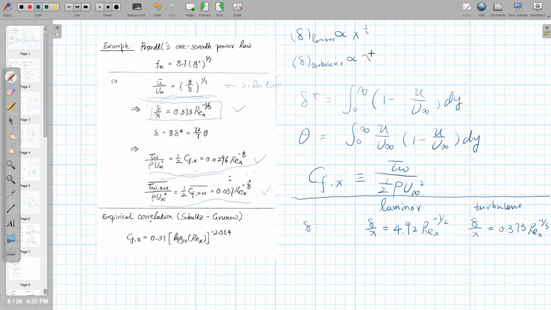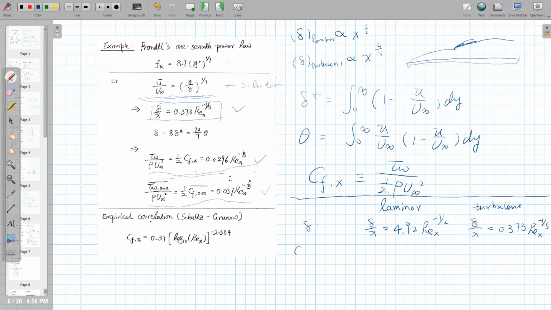You basically get x to the power of 4 over 5. So that's why, when you draw this boundary layer thickness on this flat plate, we see the laminar, and then we draw turbulent. The turbulent one has another slope, increasing as the transition point goes up, right? Because for the turbulent flow, this boundary layer thickness is proportional to x to the power of 4 over 5. Okay, this is the first thing.